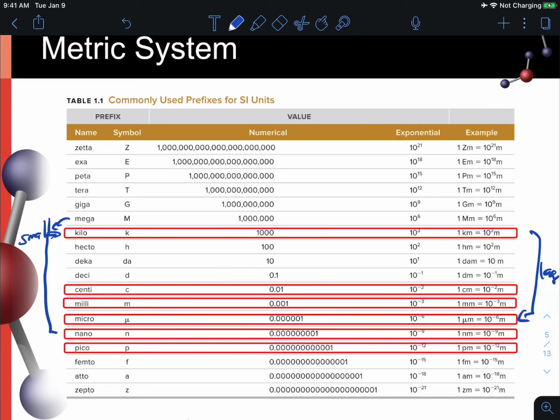I told people to think about a scale where you had a dollar at the top, then a quarter below it, then a nickel, then a penny. If you go down from dollar to penny, the number gets bigger. You go up from penny to dollar, the number gets smaller. And these exponents tell you what degree they're apart. So these two are 1,000 apart, 10 to the minus 6, 10 to the minus 9. So you move the decimal place 3 places, depending on whether you're going up or down.